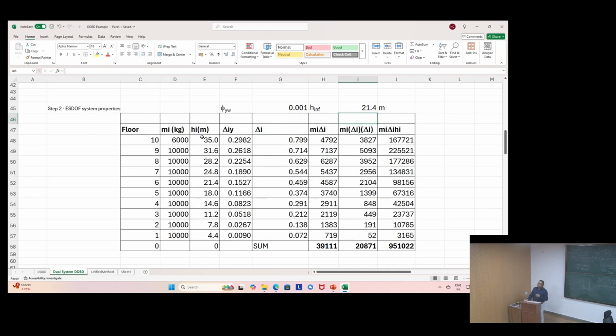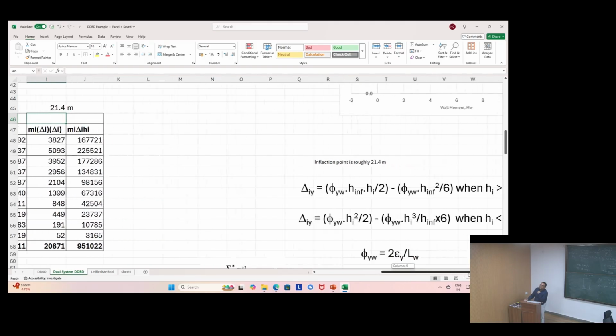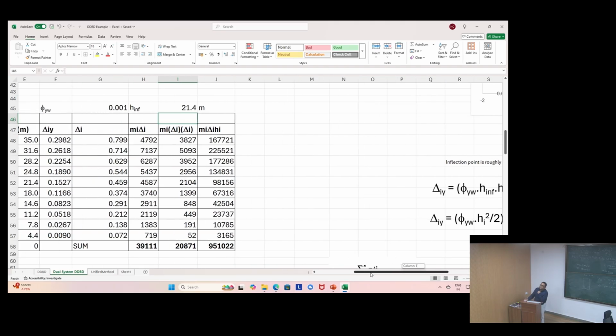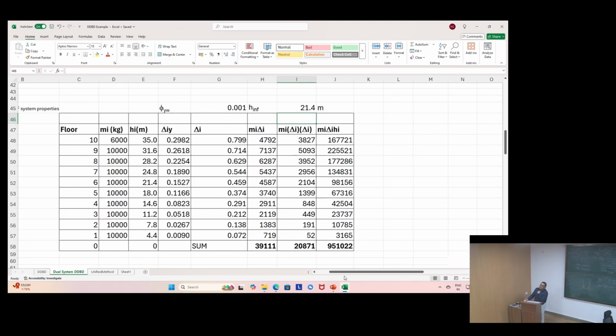So MI, HI, delta IY from this equation. So your HI, when it's greater than or equal to height of inflection, which is 21.4, right? 21.4 is story 6.